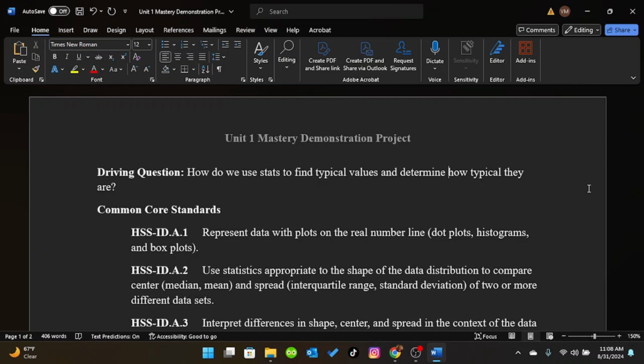They are also the standards that will be tested when you take your mid-unit test or your end-of-unit test. You will have some type of task to complete and give a presentation on.